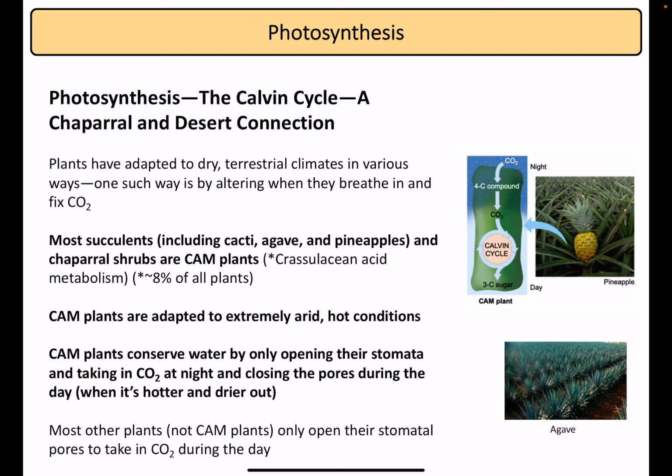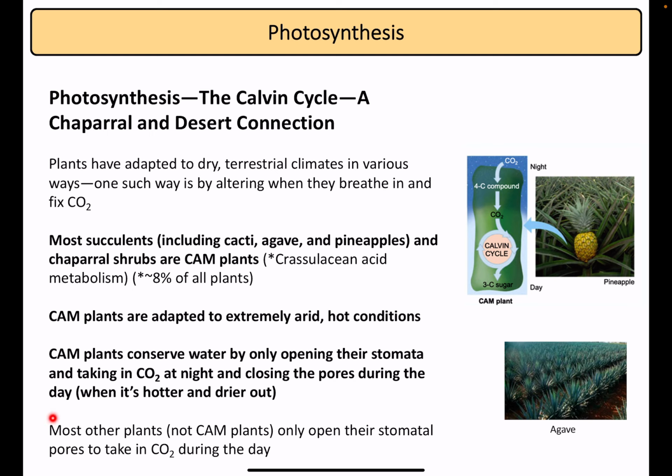So one more time, these CAM plants, which includes pretty much all cactuses, succulents, and most shrubs in Southern California, are adapted to a dry environment because of their ability to only open their stomatal pores and only take in CO2 during the night. And then during the daytime, their pores are closed. And that allows them to not lose water via those pores.